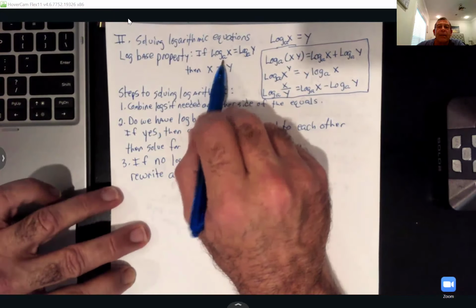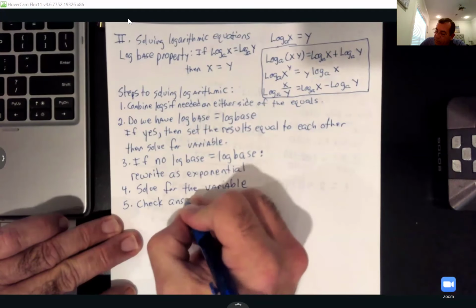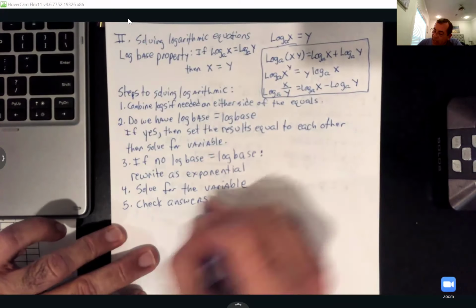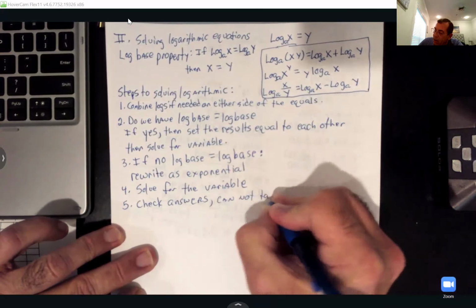Now, on a log, check this out. You need to check answers on logs, okay? Because remember, we cannot take logs of negative numbers.